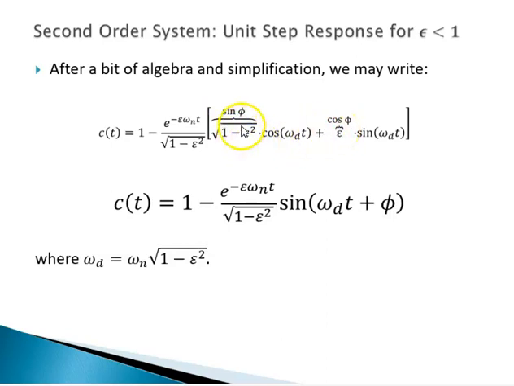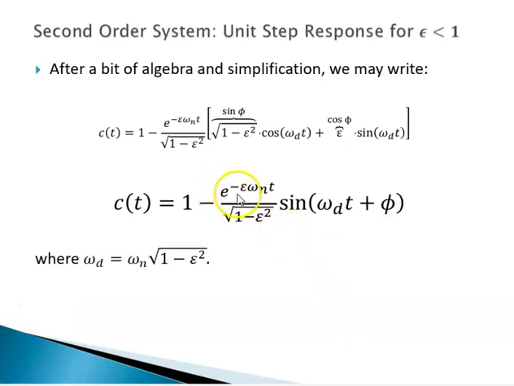So sine phi multiplied by cos something, cos phi sine. This is indicative of the sine a plus b formula, and thus we get this response to be something like this. This omega d, we already said, is the damped natural frequency.